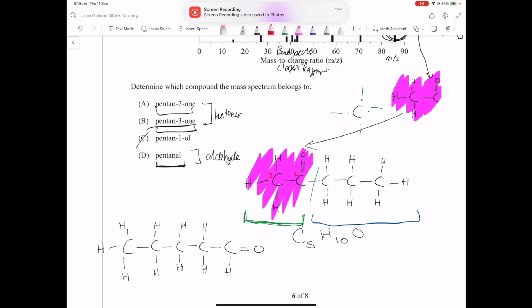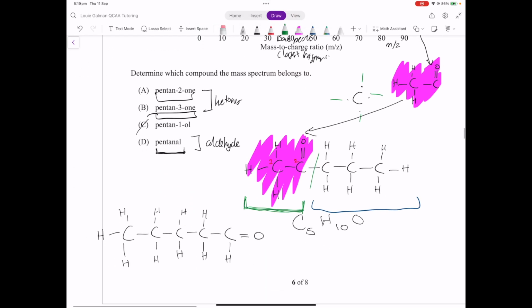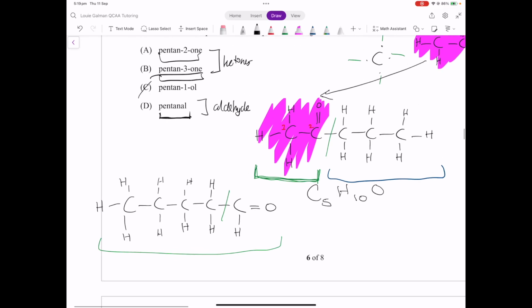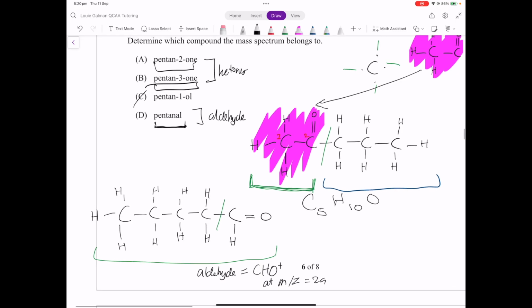And I believe the reason why it can't be an aldehyde, which is this part right here, is because if we make a cut here, which I believe is more common, aldehydes, we just have to memorize this stuff unfortunately, but it often gives a CHO+ at m/z equals 29, okay? If we want to calculate that mass, then we have an m/z of 29.